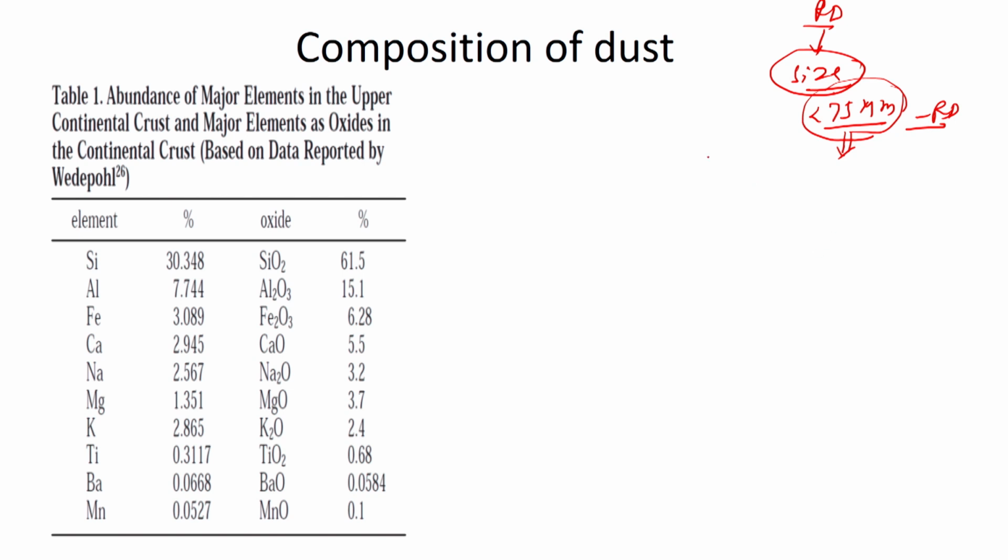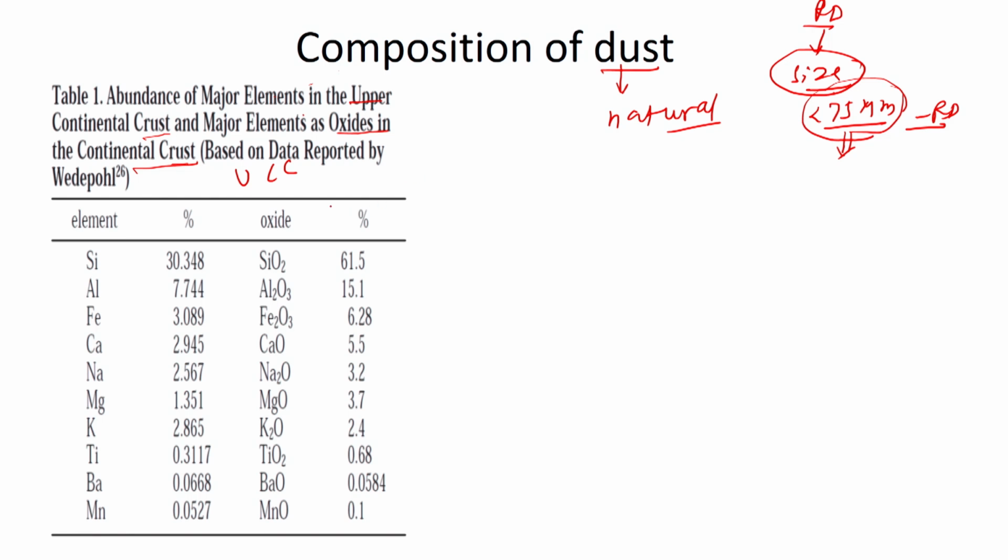If you look at the composition of dust here, this is a natural source, which has been measured by different methods, as the oxides in the continental crust, also called the upper continental crust: the abundance of major elements, as oxides.